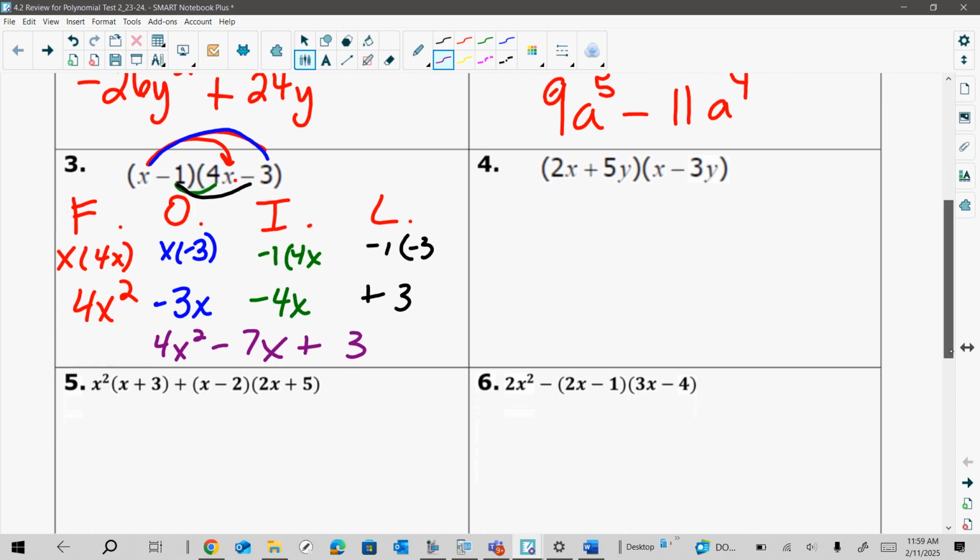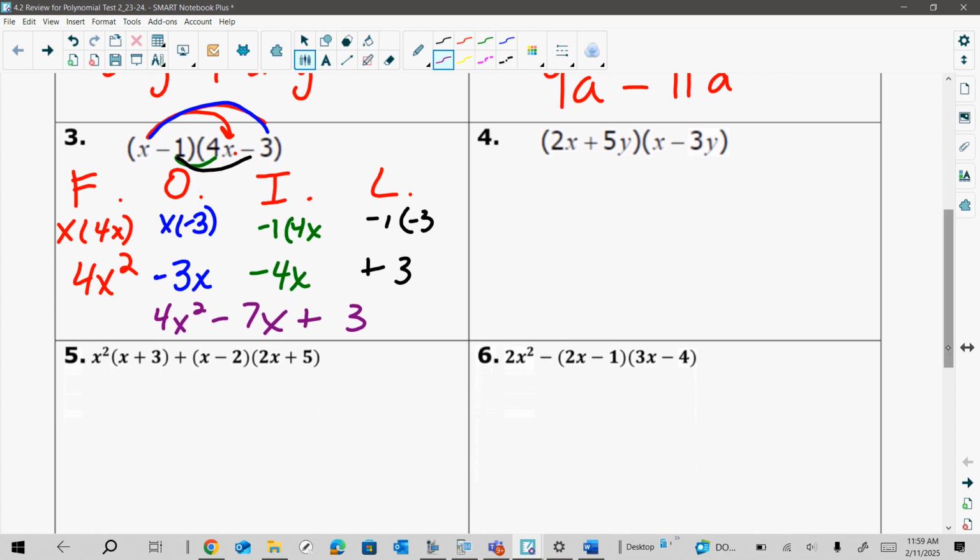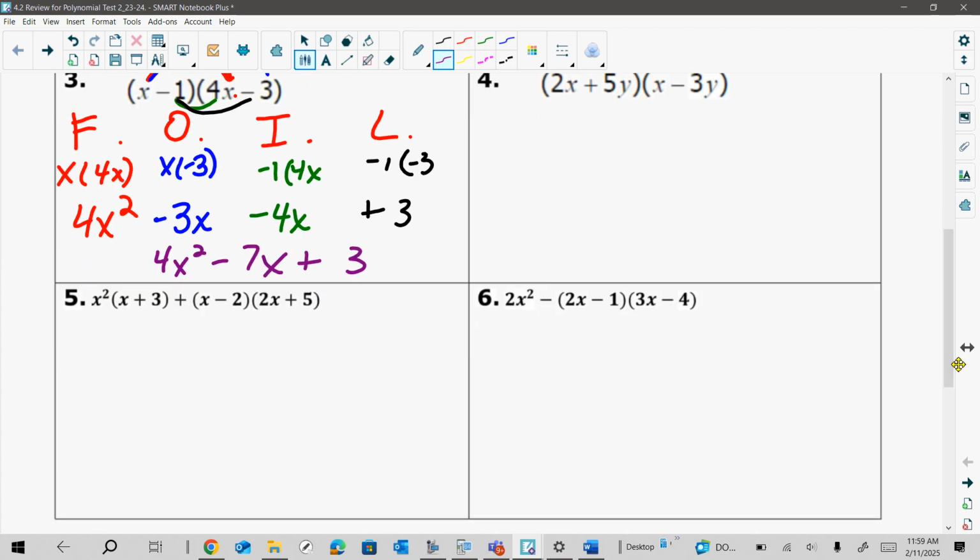Okay, so most people are asking about 6 and a couple questions on 5. 5, you would have to distribute this one. This is x to the 3rd plus 3x squared. But then you have to do FOIL here. That's going to give me 2x squared.